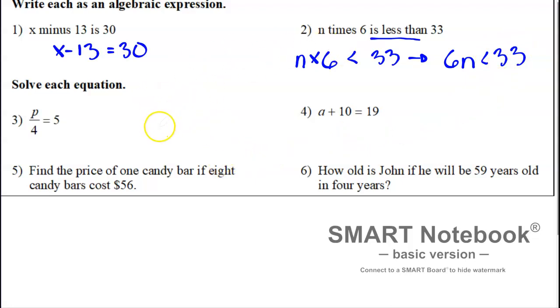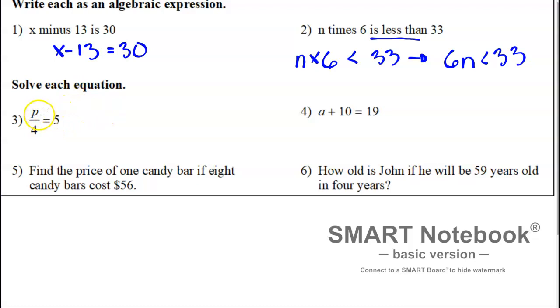And you will get time to practice as a whole class and then with your partners. Let's move on to number 3. Solve each equation. So let's solve it and then we'll discuss, right? We already met the first objective, understanding expressions and equations and inequalities, by the way. Now here, we're going to solve each equation.